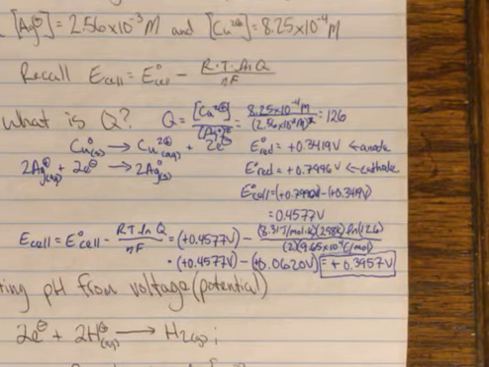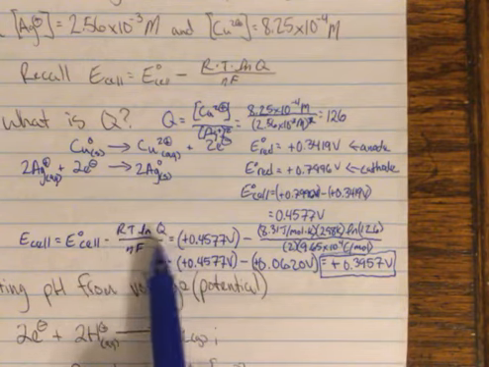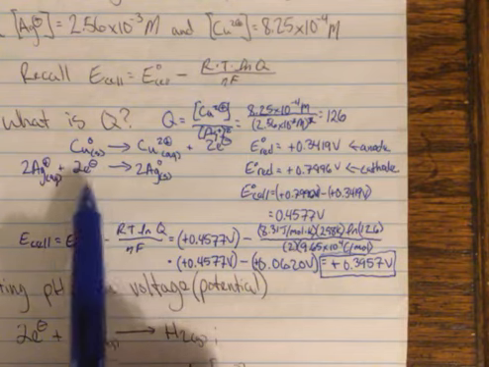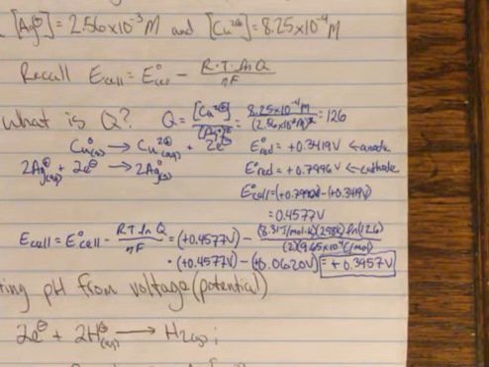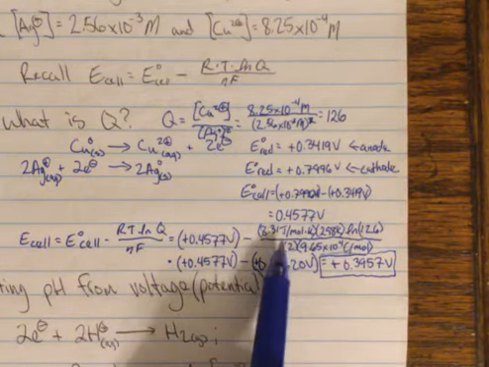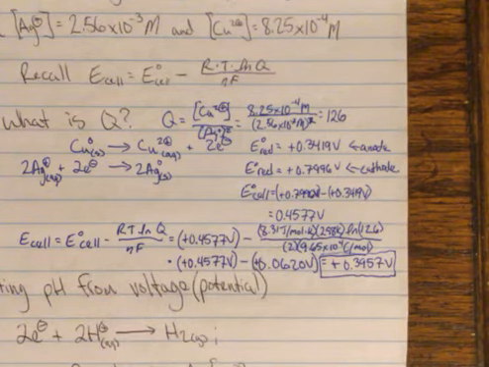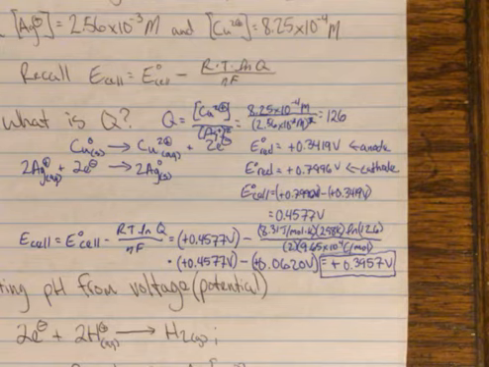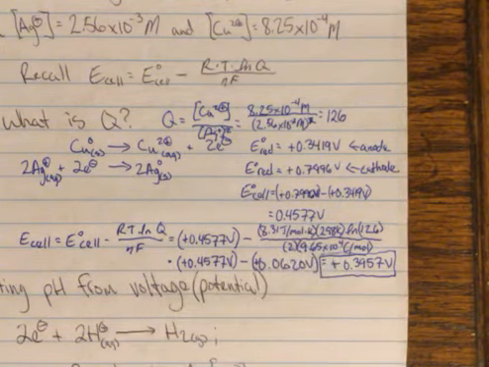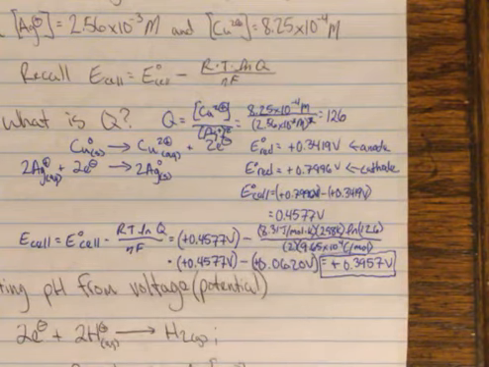Okay, so now that we have all of that criteria, we have Q, we have R, we have T, we have N, we have F. Okay, so there are going to be 2 electrons as depicted, what's being traversed, or what's being passed on here. So if we plug all these values in, it's simply a plug and chug. 8.31 joules per mole Kelvin. That's again the gas constant for thermodynamic equations. 298 for Kelvin or temperature.